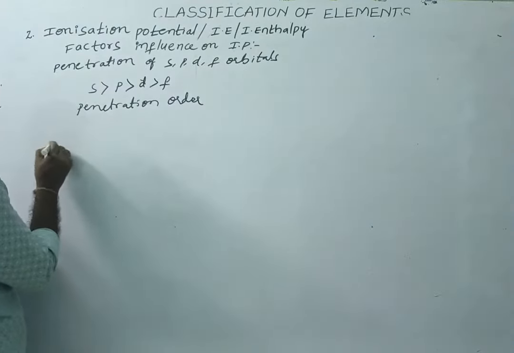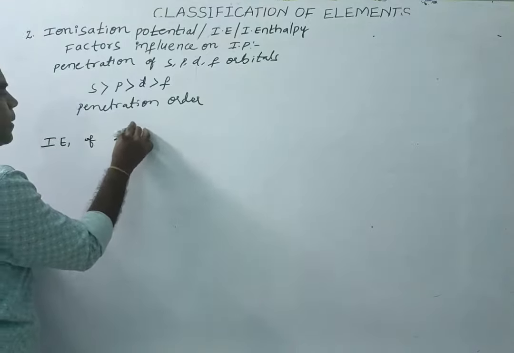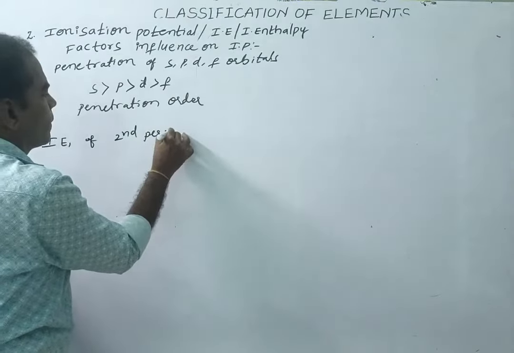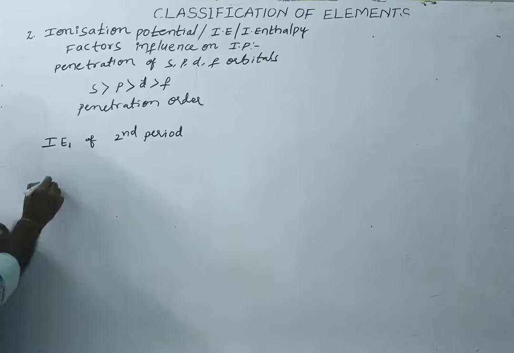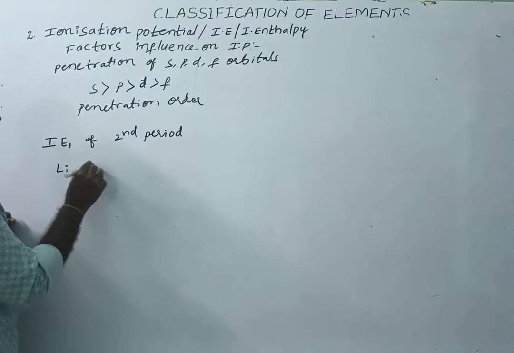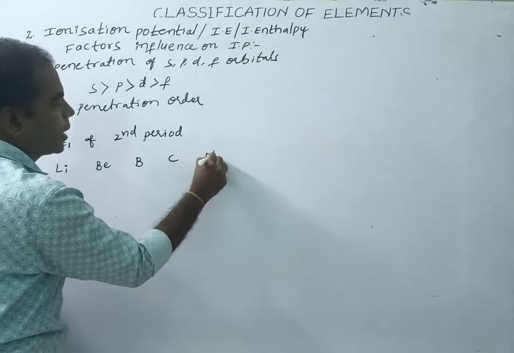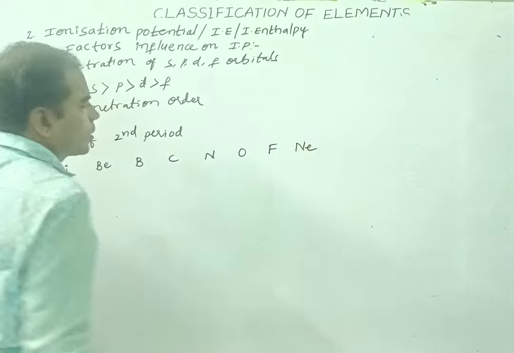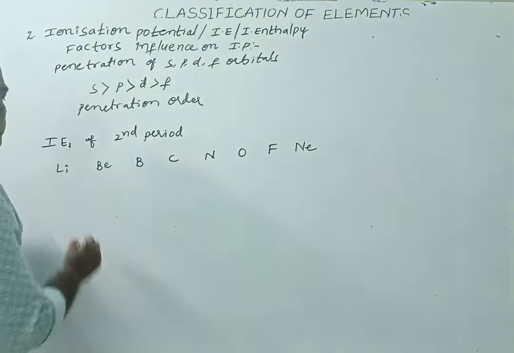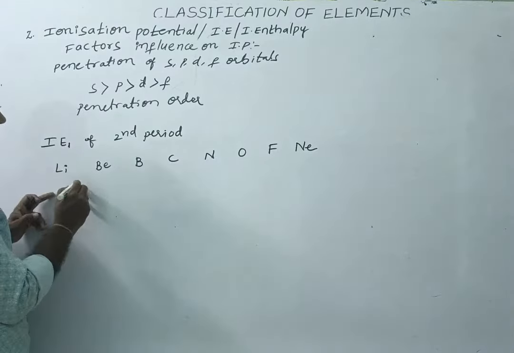See, ionization energy, IE1 of the second period. IE1 of second period elements: lithium, beryllium, boron, carbon, nitrogen, oxygen, fluorine and neon. Right? See, lithium 1s2 2s1.